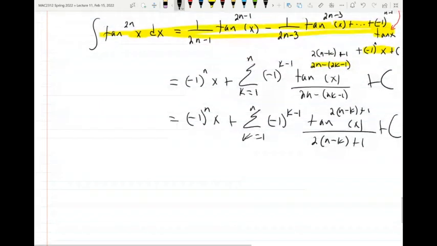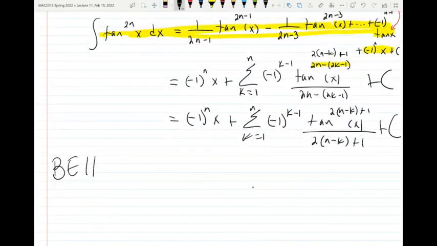Actually, there's a better way of doing this. And let's write it recursively. Do you know what a recursive formula is? Okay, so a recursive formula, we're going to talk about that when we discuss sequences.